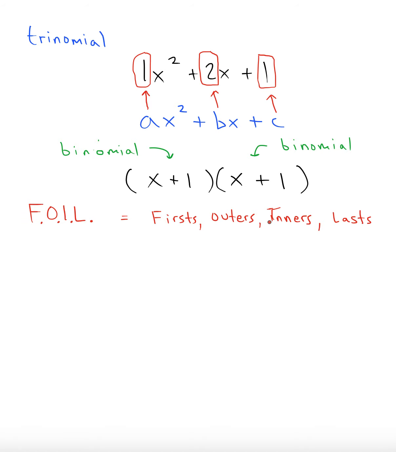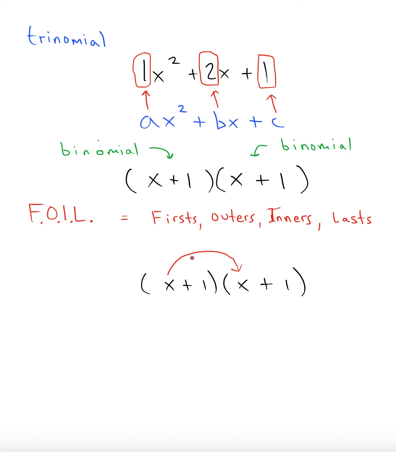Okay, so how do we do that? What we're going to do is rewrite the binomials. And firsts means to multiply the first term of one binomial times the first term of the other binomial.